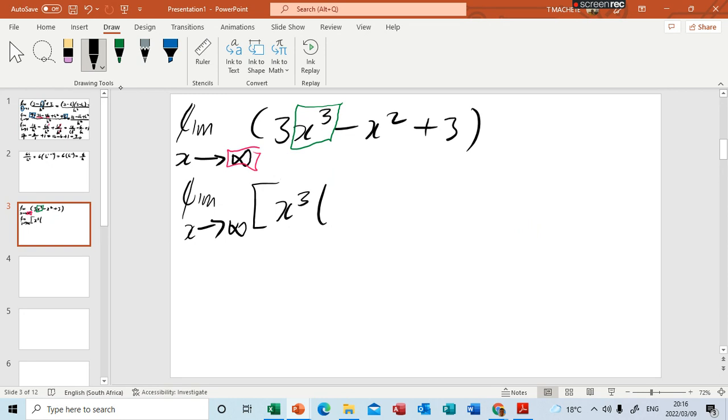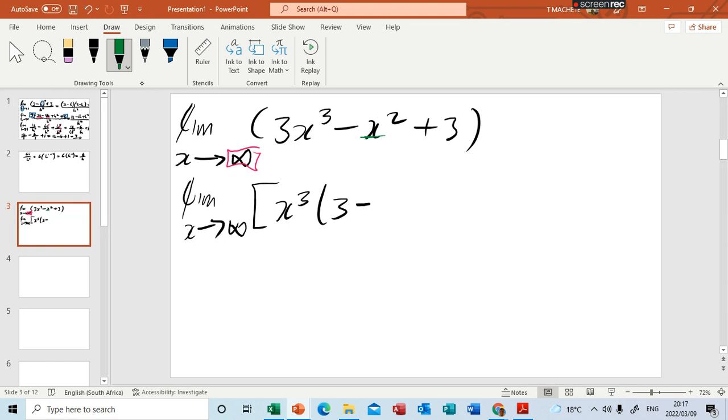So you factor out the one with the highest power. Then you're gonna put 3 there, and then you say minus. Basically you're gonna divide everything by x cubed. In order for you to get x squared, what do you do?